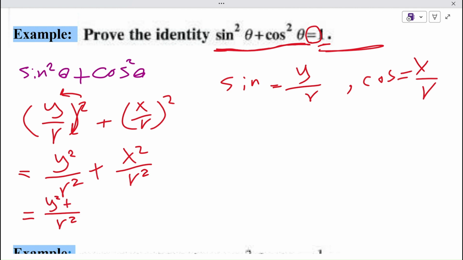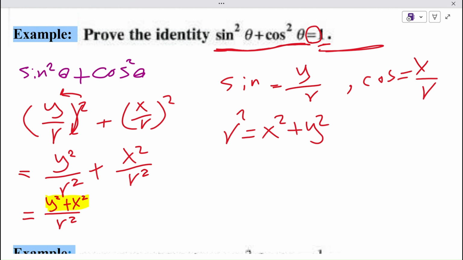Guys, we know r squared is equal to x squared plus y squared. We know this, right? So here we can substitute r squared instead of y squared plus x squared. Why?